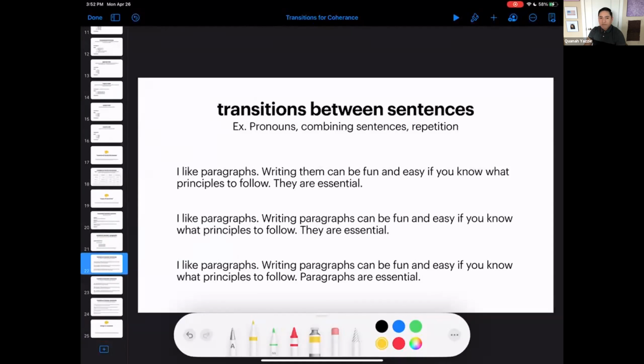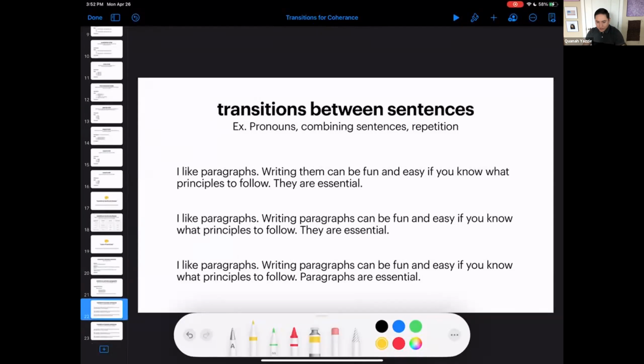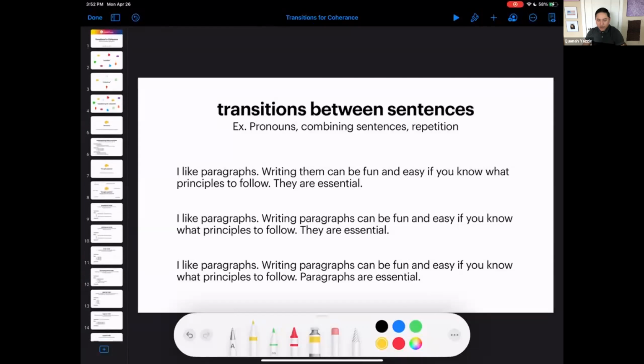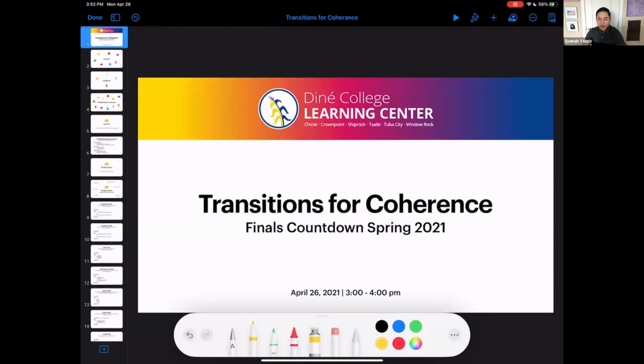And then keep in mind pronouns and transitions between sentences itself. So take a look at pronouns specifically and how they relate to previous sentences and how they relate to the following sentences. So those are the only things I wanted you to keep in mind when you go through transitioning itself. So think outside of the box.